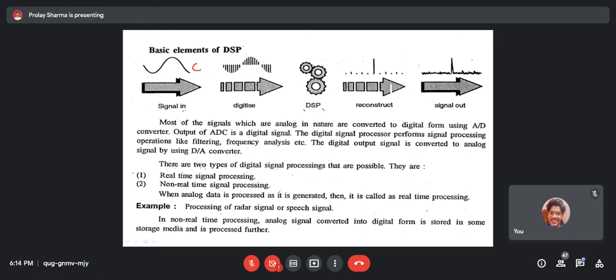It first goes to the microphone. This microphone will convert the acoustic signal to the corresponding electrical signal. Then this electrical signal will come to the A to D conversion process.